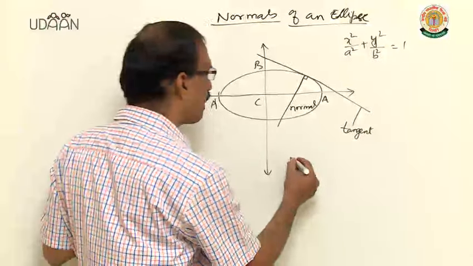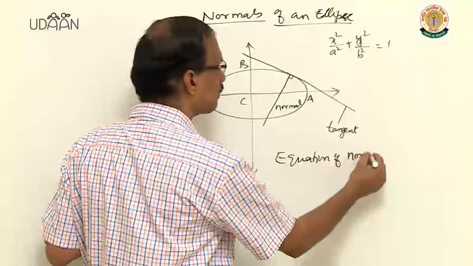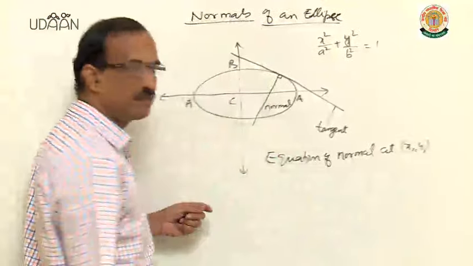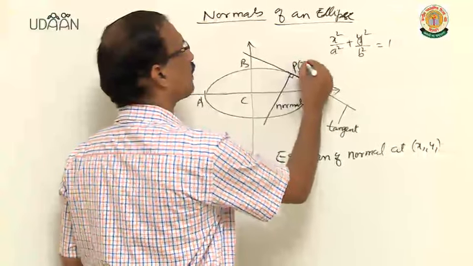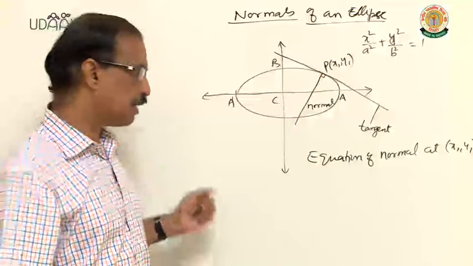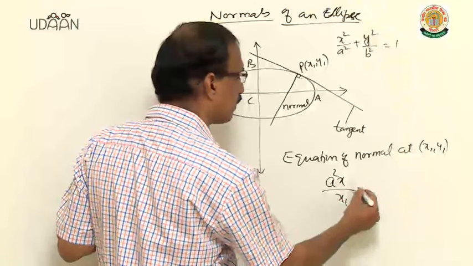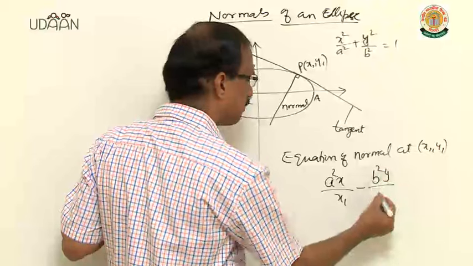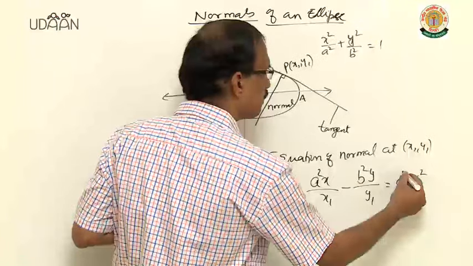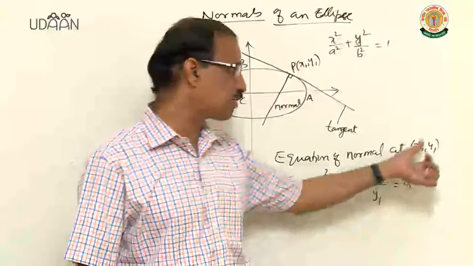So the equation of the normal at the point P of x1 y1, at this point where we draw the normal, is a square x upon x1 minus b square y upon y1 equals a square minus b square. So this is the equation of normal at x1 y1.